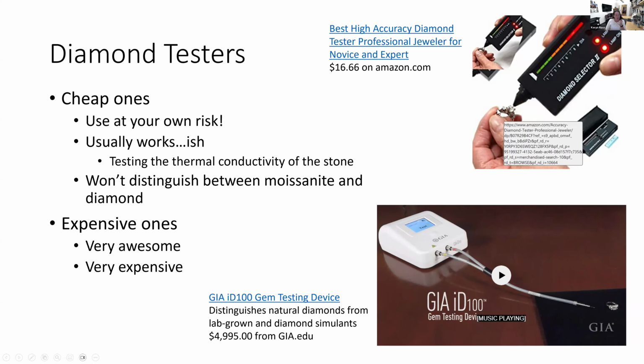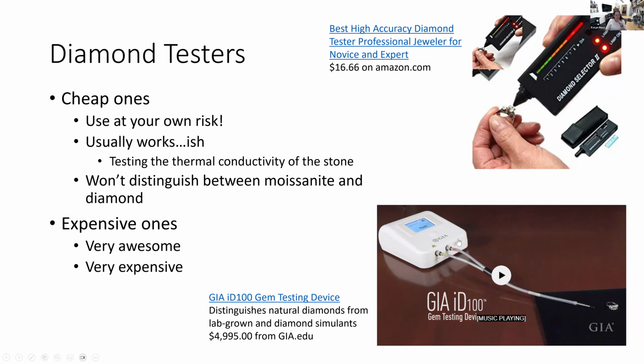These work on the thermal conductivity of the stone. It will distinguish between diamonds and everything except for moissanite. It can't distinguish between moissanite and diamond because both of those are highly thermally conductive. It absolutely won't tell you the difference between a synthetic diamond and a mined diamond.